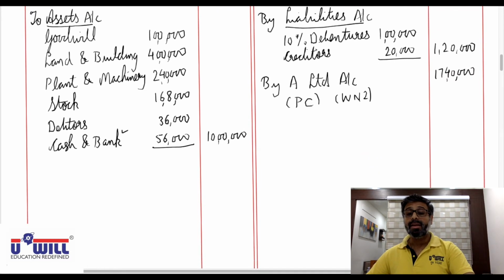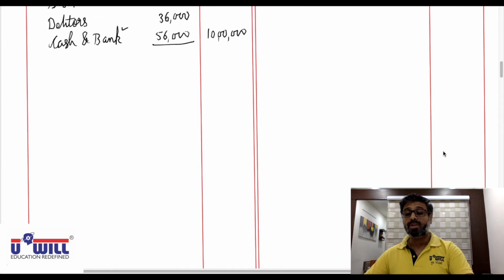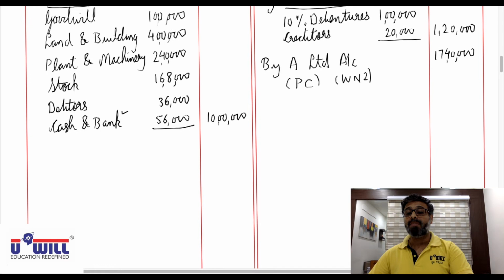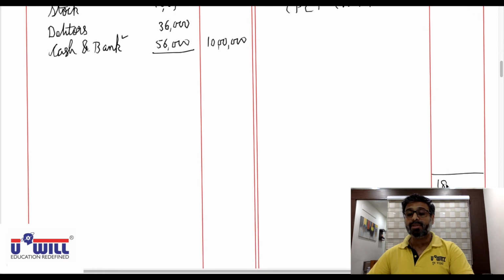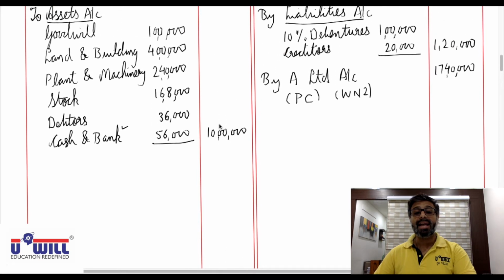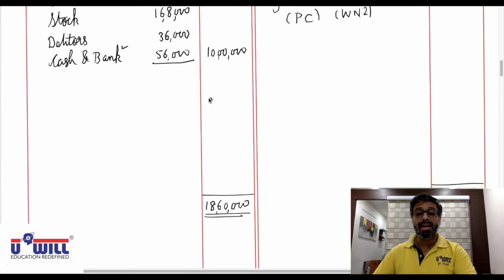Let us do that. Credit side is more. So first we do the total of credit side. 1740 plus 120, 18,60,000. Okay, 1740 plus 120, 18,60,000 minus 10 lakhs. So what is the balance? 8,60,000 to equity shareholders account.